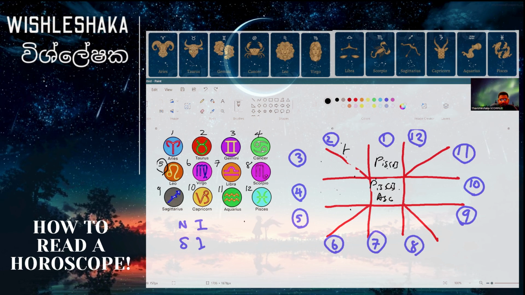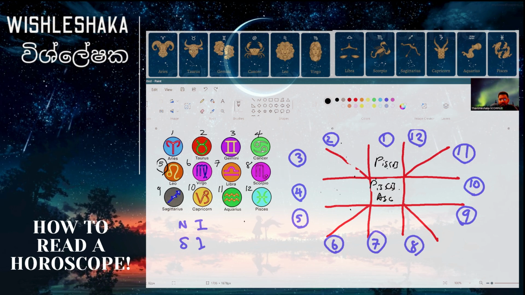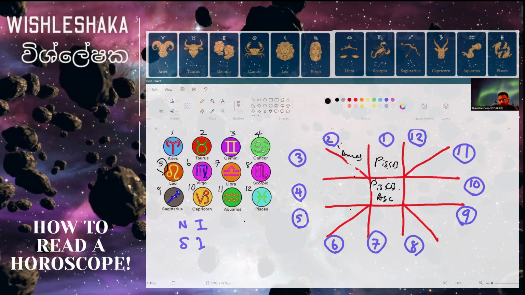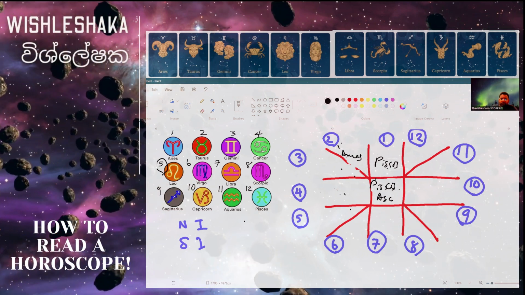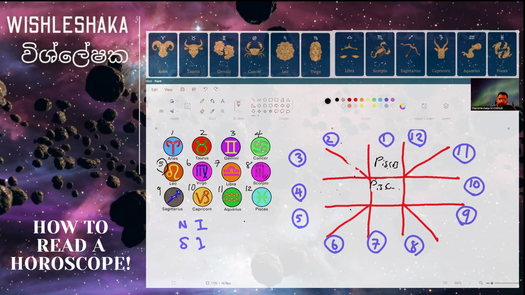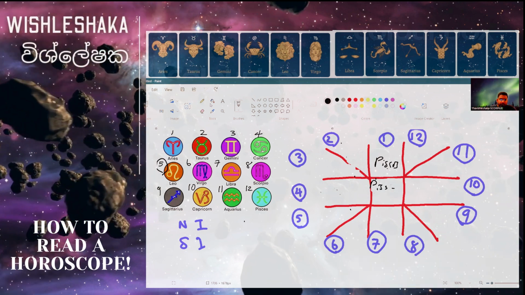No, not Taurus. Pisces is the 12th sign, so the next constellation is Aries, the first constellation. And it goes on: Taurus, Gemini, Cancer. 5th house is Cancer. You know the pattern here now. This is how we read the horoscope.